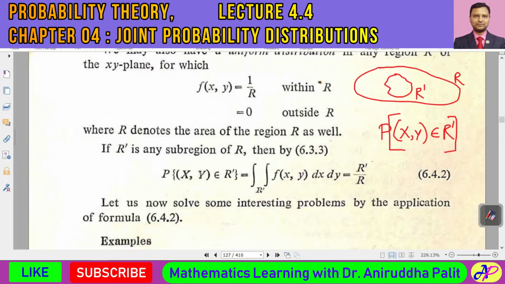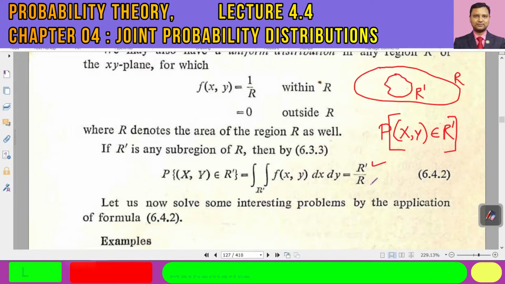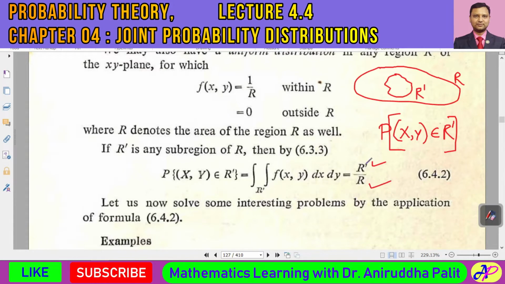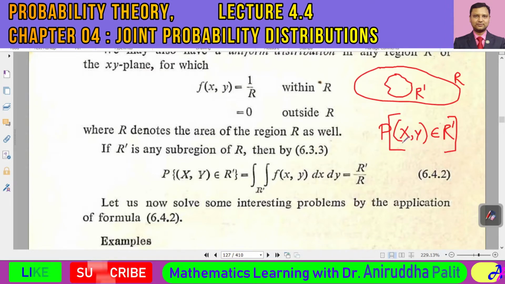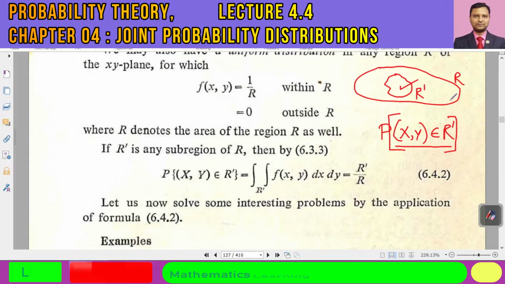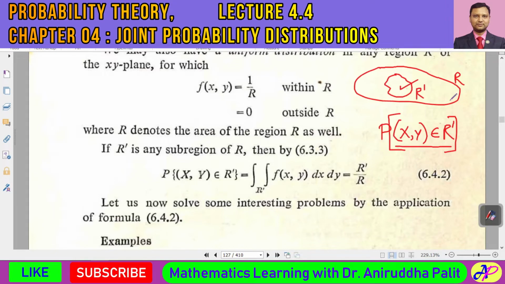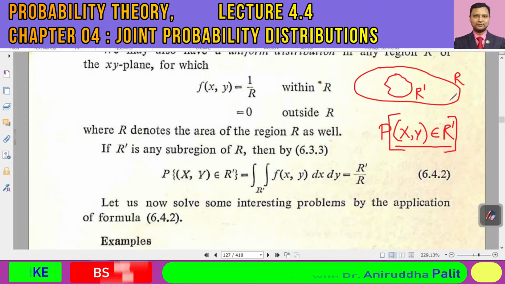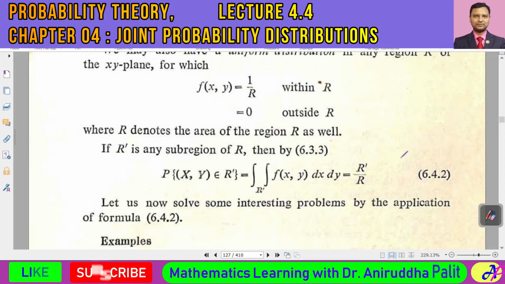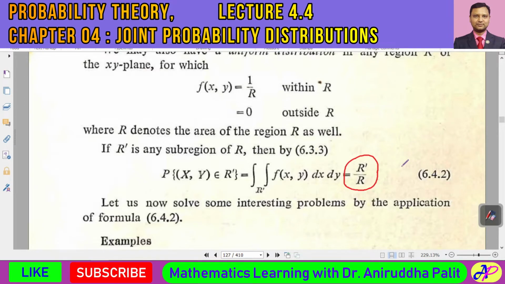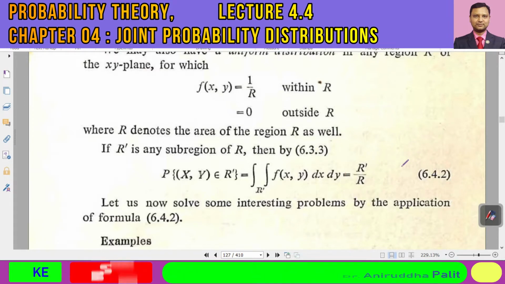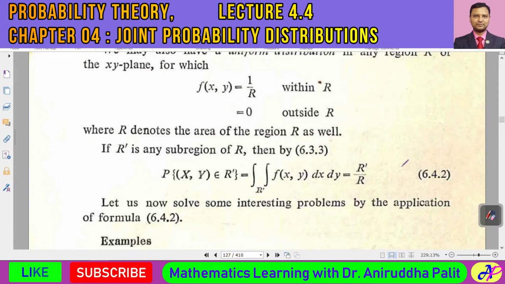You just need to divide the area of the region R prime by the area of the region R. R prime by R is the probability that x y lies in this arbitrary region R prime. By this formula, we shall in future compute the probability of a point which follows a uniform distribution.